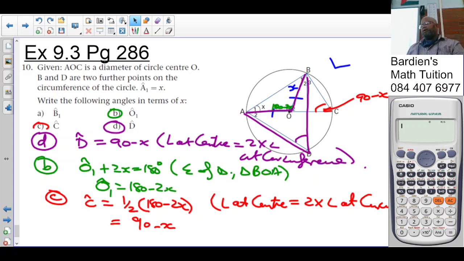There are many ways of solving a question in trigonometry and geometry. Whichever approach you see on your question paper, that is the theorem you're going to use. If you see that theorem 2 can be applied, then you apply it. You see theorem 3, then you apply it.